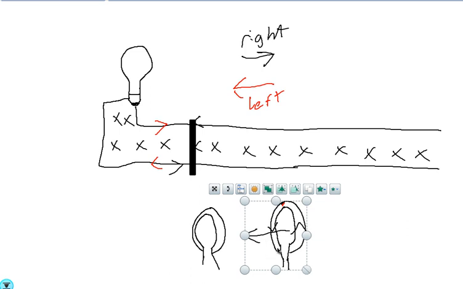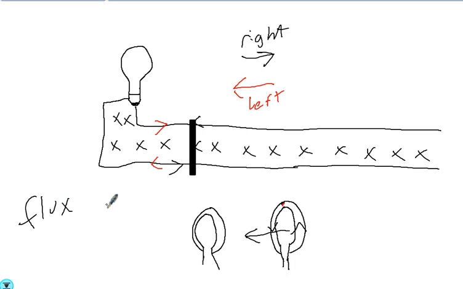Remember, flux is the amount of stuff passing through.